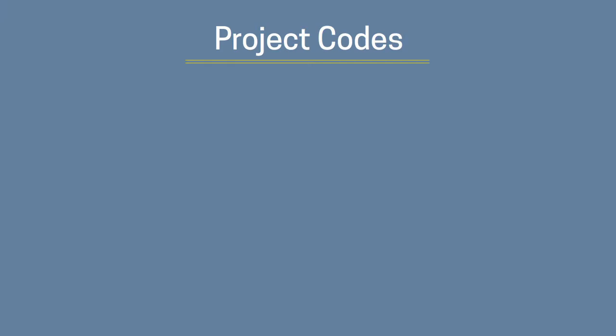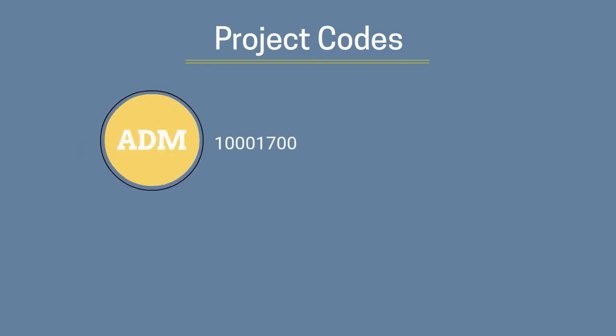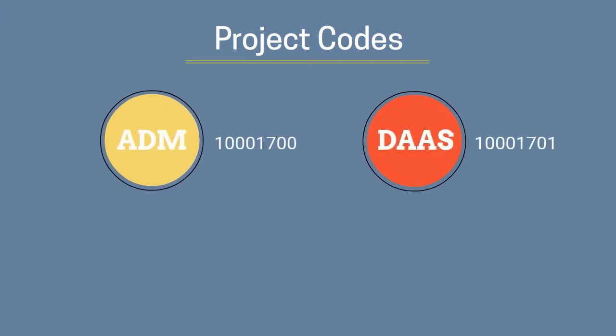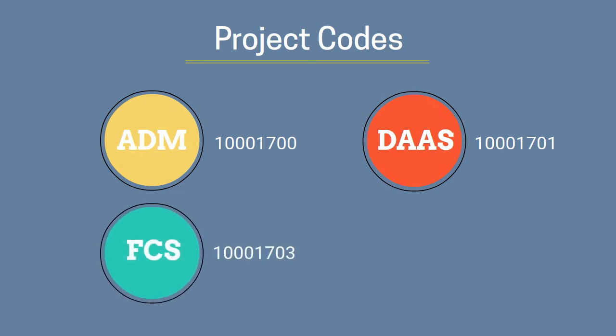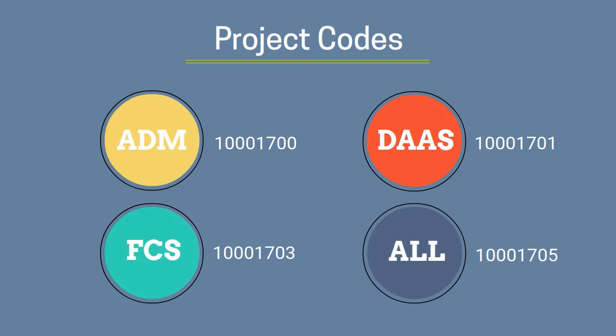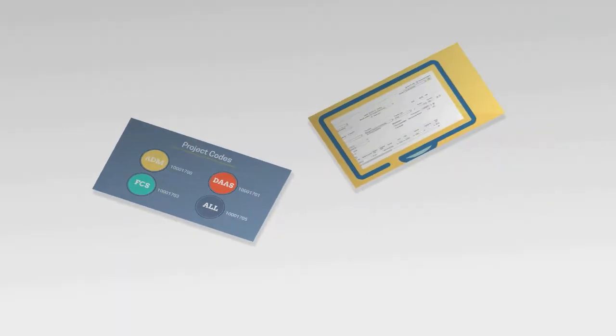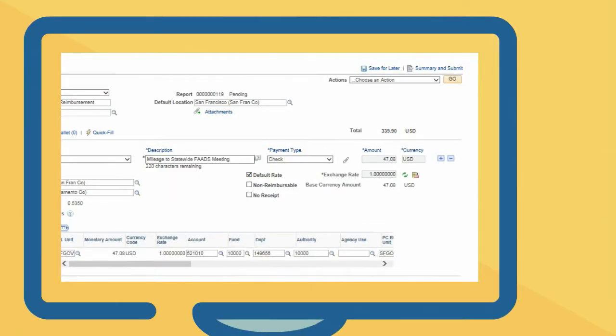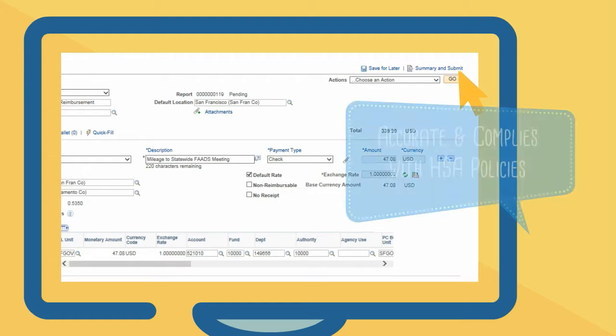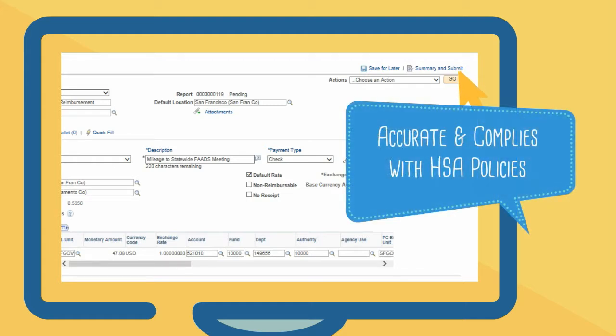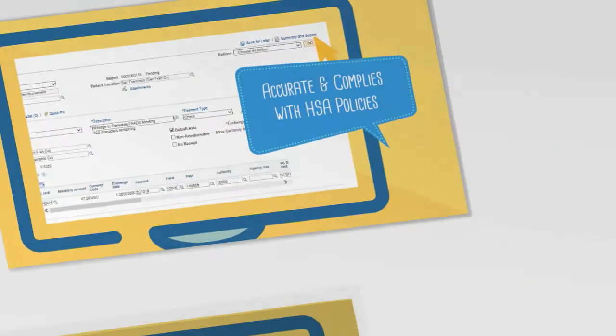For admin staff, 1700, for DOS, 1701, FCS, 1703, and for all other programs, 1705. Once you're done entering the travel authorization, you can click on the Summary and Submit button, which would ask you to certify that the information you provided is accurate and complies with the agency's expense policies.